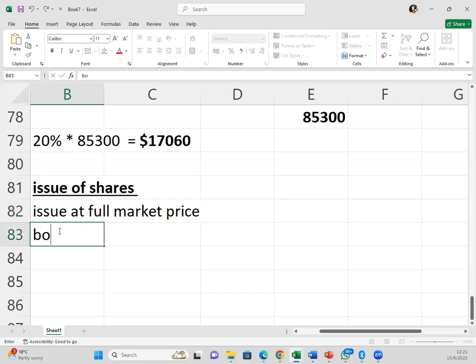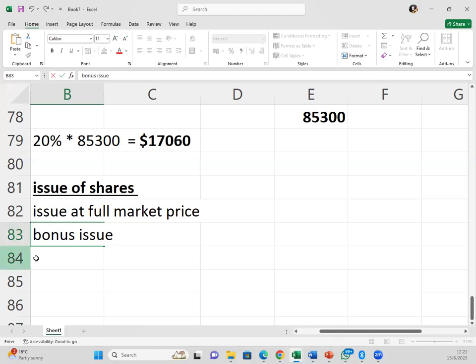We can also make a bonus issue. A bonus issue, we did mention, is when shares are issued to existing shareholders at no consideration. They don't pay for these shares. They are issued for free to existing shareholders.